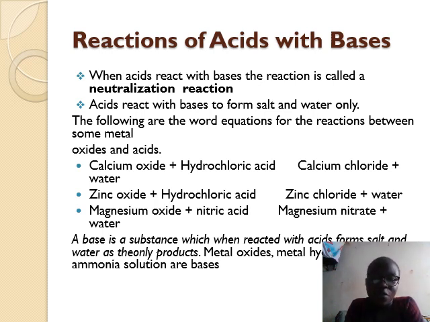Zinc oxide, which is a base, reacts with hydrochloric acid to form zinc chloride, which is a salt, and water. Magnesium oxide, which is a base, reacts with nitric acid to form magnesium nitrate and water.